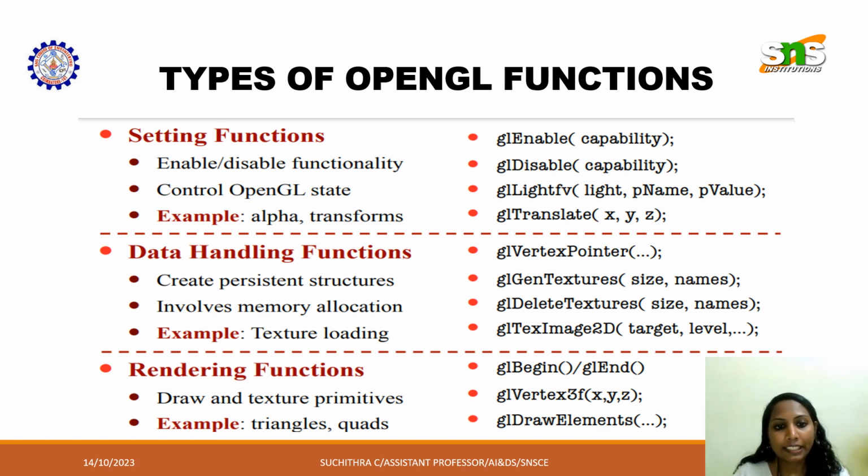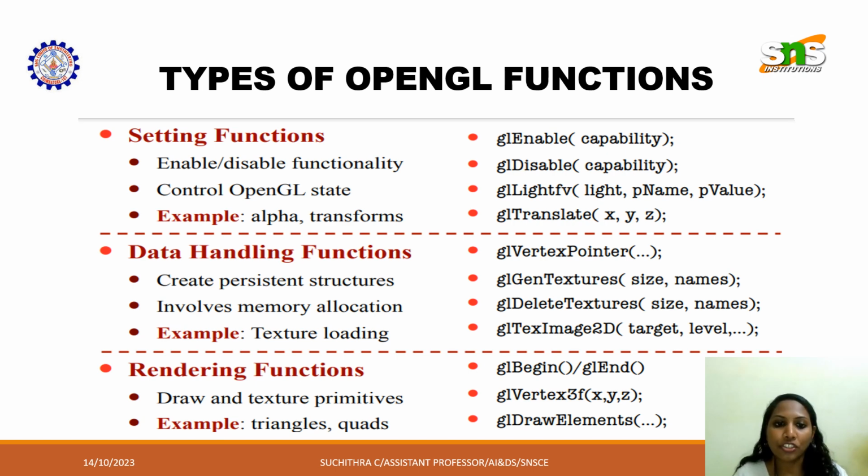The next type is data handling functions. These create persistent structures and involve memory allocation, for example texture loading. Examples are glVertexPointer, glGenTextures, glDeleteTextures, glTexImage2D.